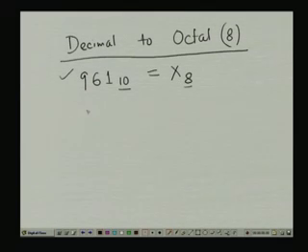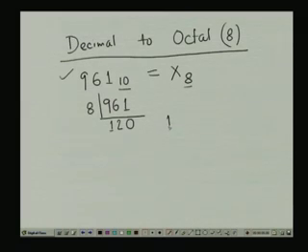So, if I take an example, say 961, what will it be in octal, where the base is 8? What was our general rule? That was division by the base. So, I am dividing 961 by my base 8. The quotient is 120 and the remainder is 1. Again I do the division: quotient is 15, remainder is 0.